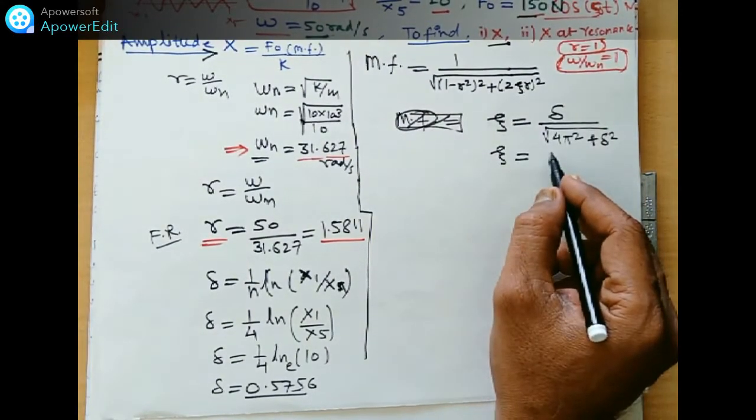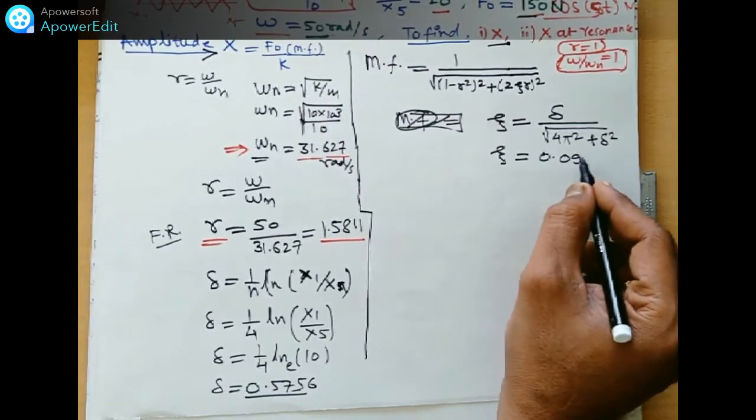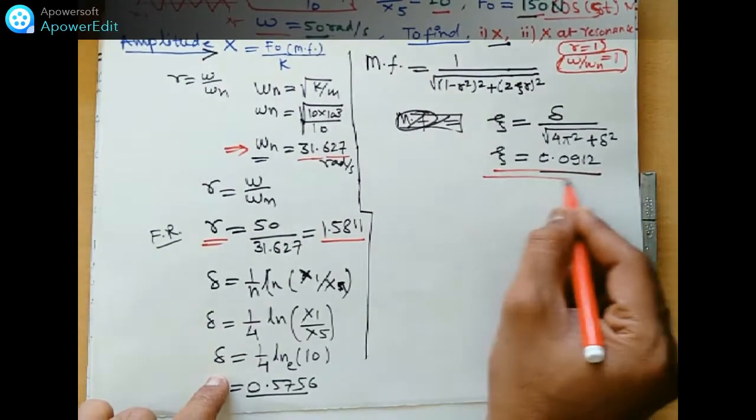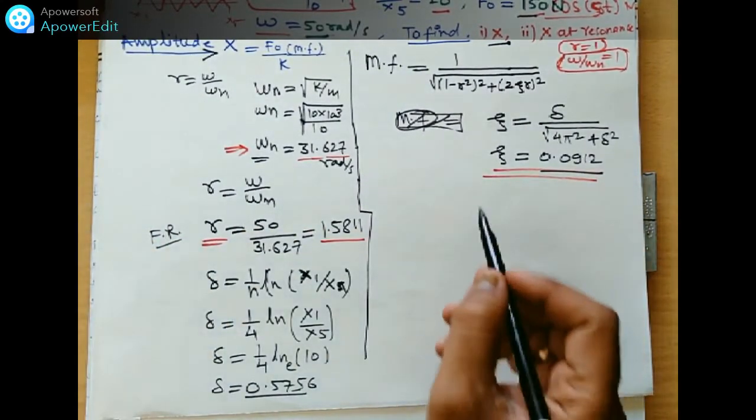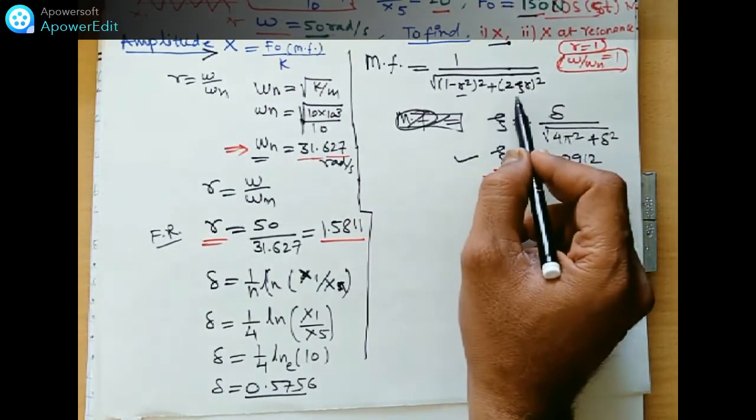What is the value of zeta? I will write here 0.0912. This is the final value of zeta. Now once we know r and zeta, we can find out the MF.